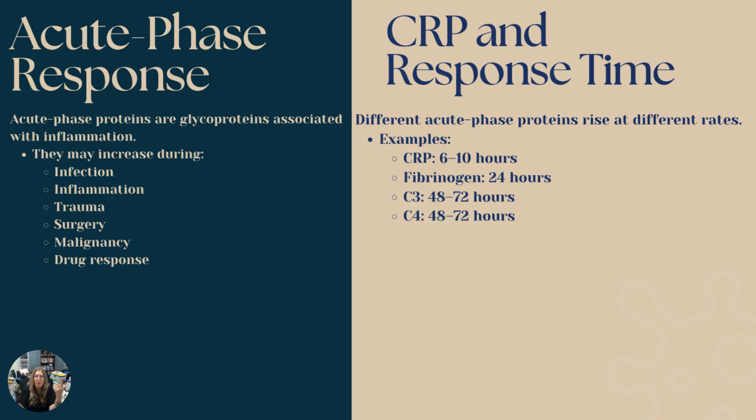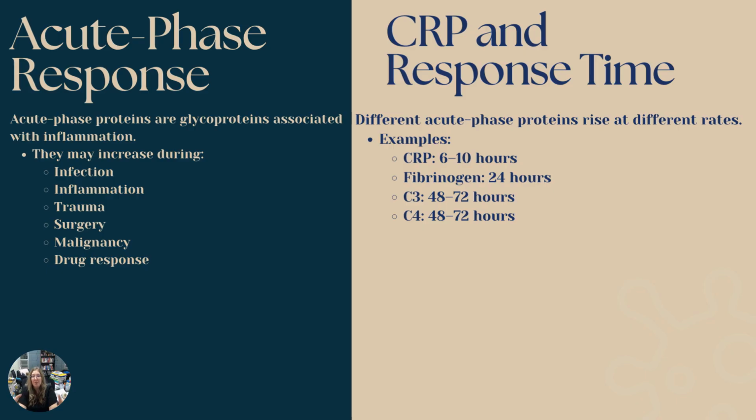An important point is that different proteins respond at different rates. So CRP can rise relatively quickly, approximately 6 to 10 hours, whereas fibrinogen responds later, around 24 hours. And then C3 responds about 48 to 72 hours, and so on.